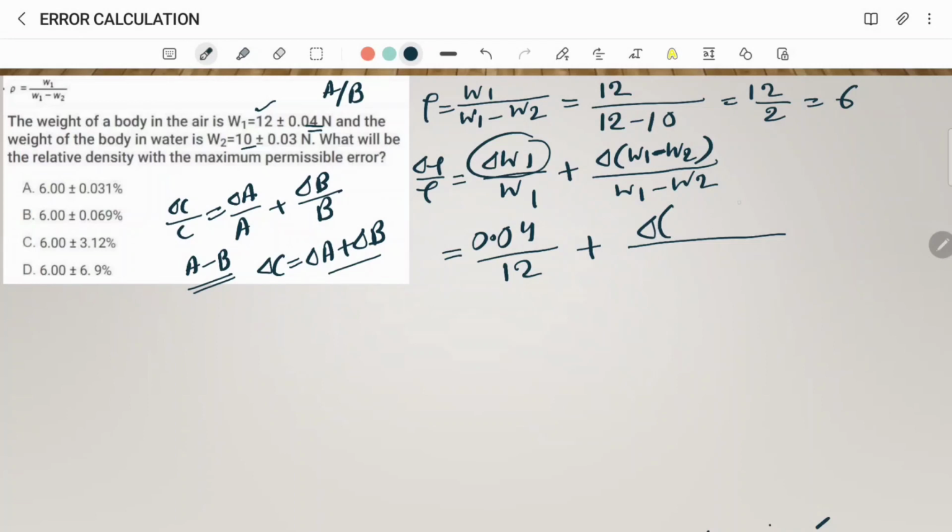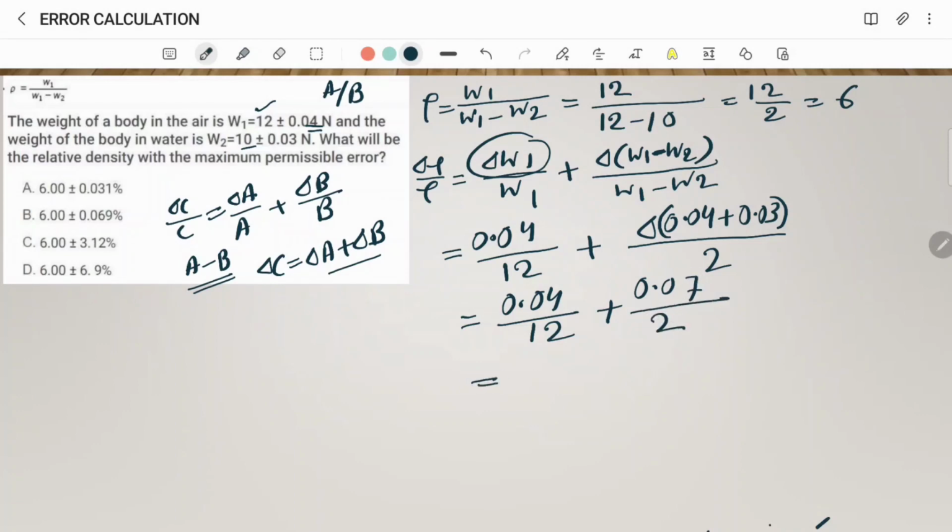Therefore, the error in their measurement will become the error in the measurement of W1 plus the error in the measurement of W2. W1 minus W2 is again 12 minus 10, which is 2. So this becomes 0.04 by 12 plus 0.07 by 2. This is our error.